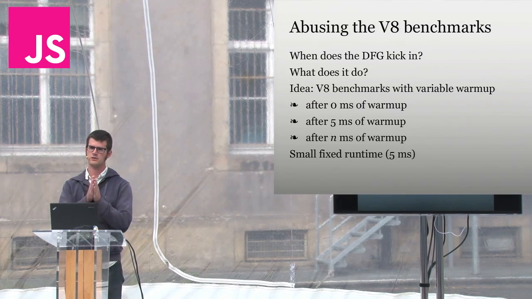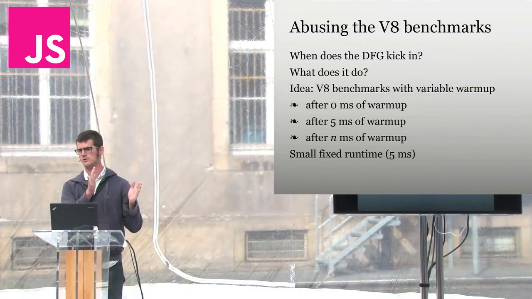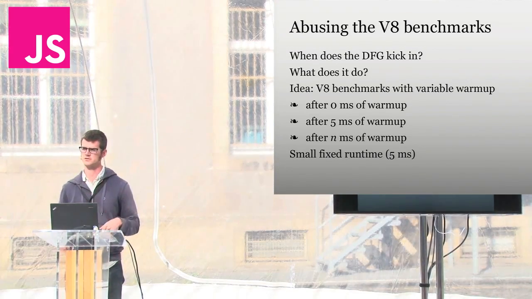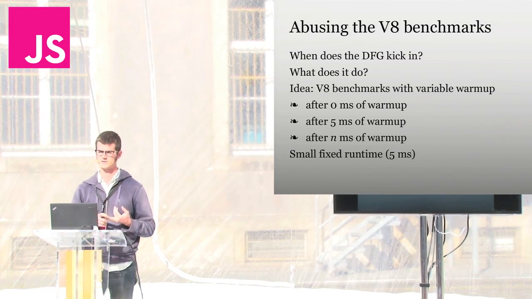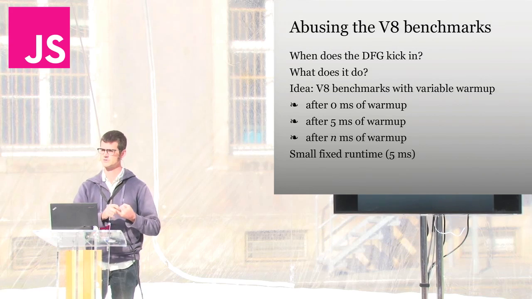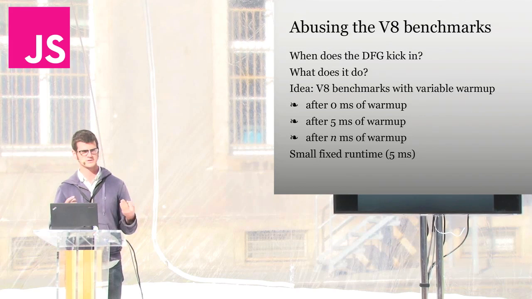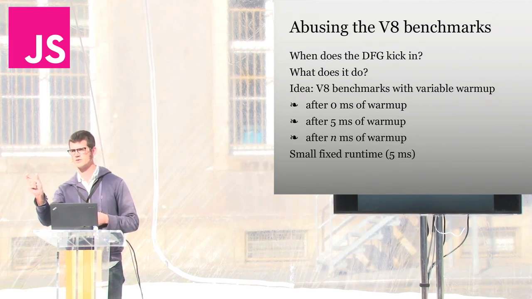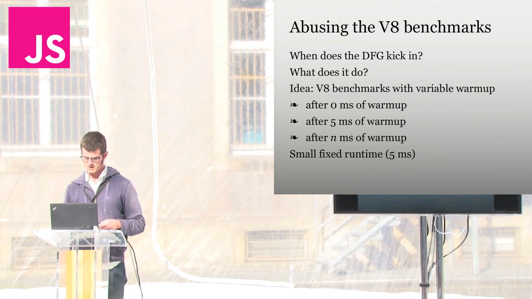I'm going to make the warm-up time variable, starting from no warm-up at all all the way up to a second, with more samples closer to 0, so after 0 milliseconds, after 5 milliseconds, after 10 milliseconds, meaning after 10 milliseconds, what's the performance I can expect on my web page with JavaScriptCore? After 25 milliseconds, what's the kind of performance I can expect? And then the thing I measure after the warm-up is going to be 5 milliseconds of runtime.